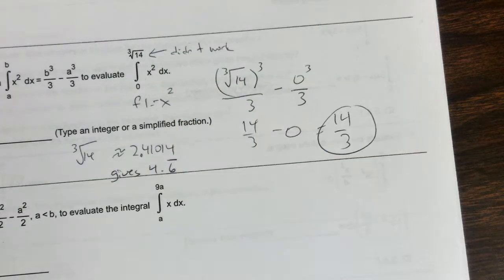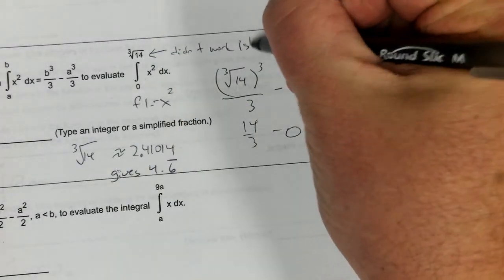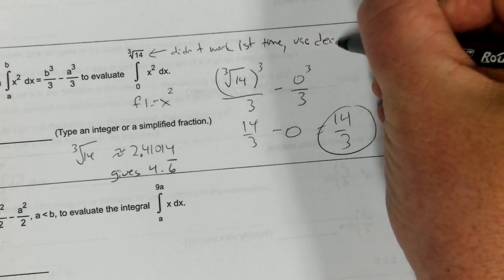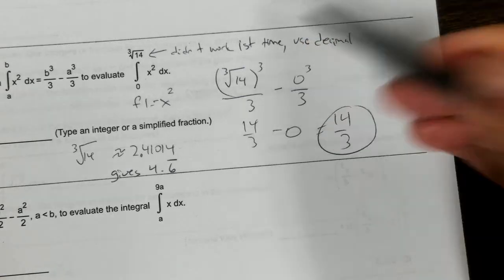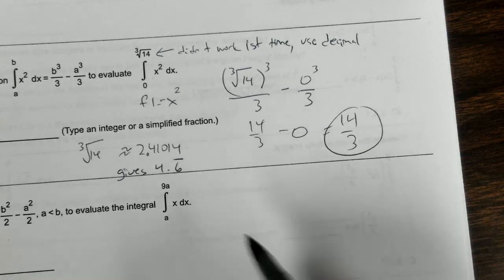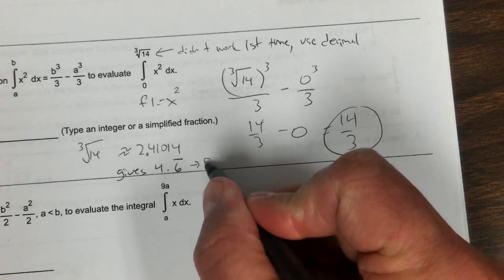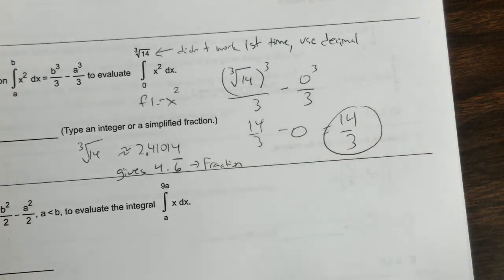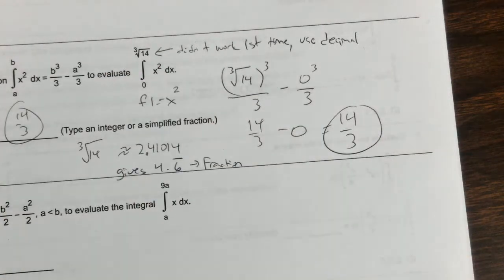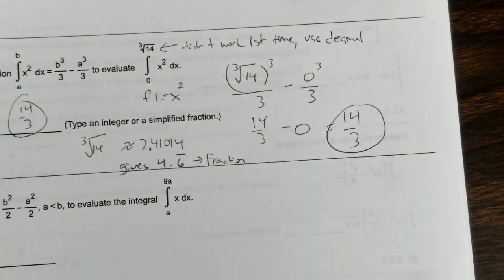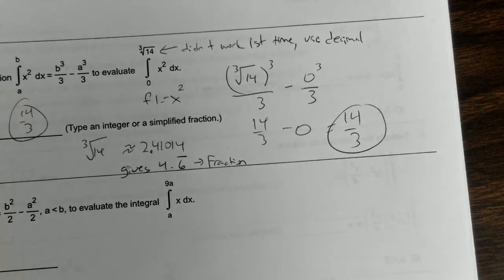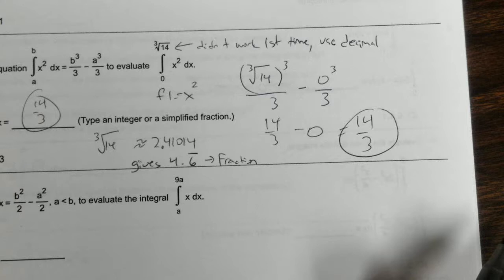Okay, so you had to use a decimal in order to use the calculator. So there you go. Then we converted that to a fraction, which is 14 thirds. Okay, I hope I'm going slow enough on the review. I'm purposely not trying to go too fast so y'all would get it, pretty easily.